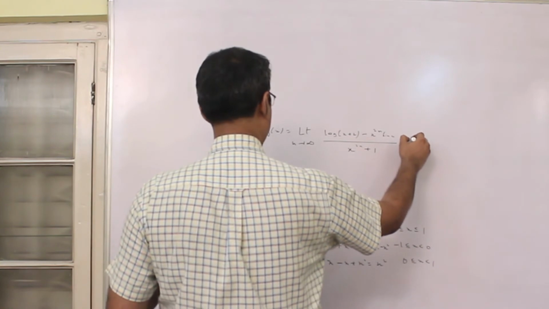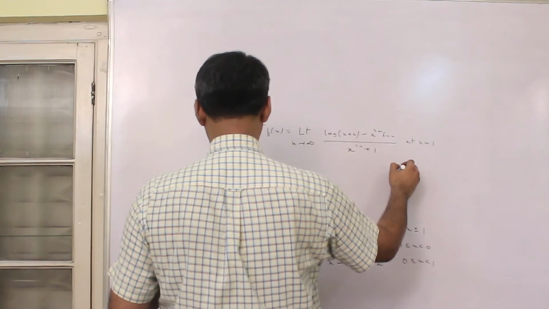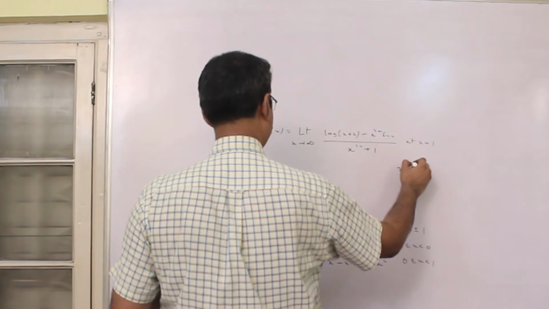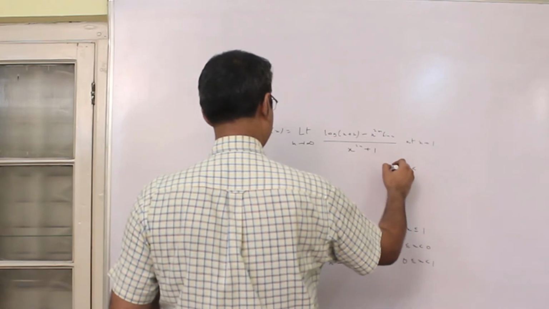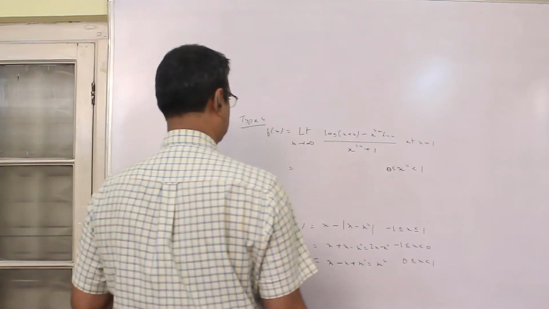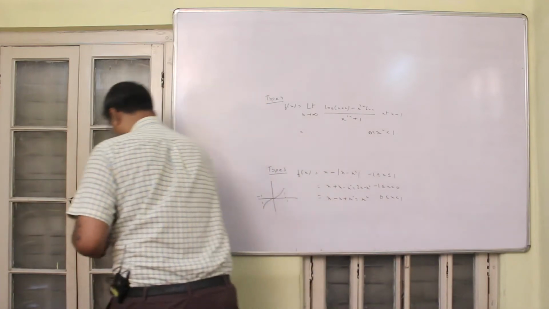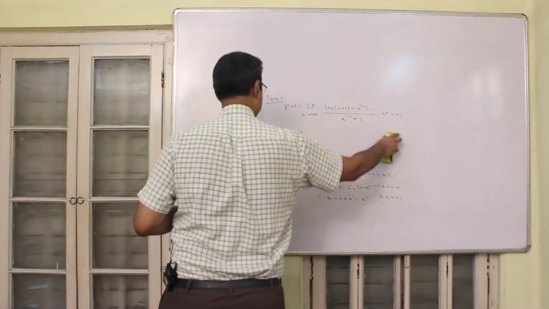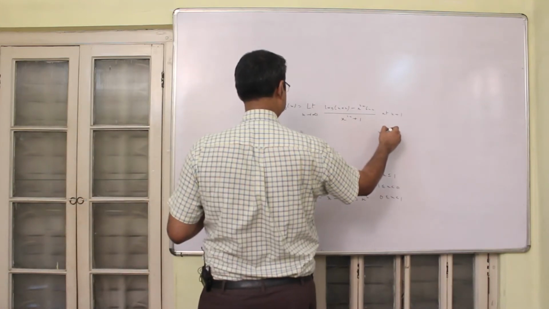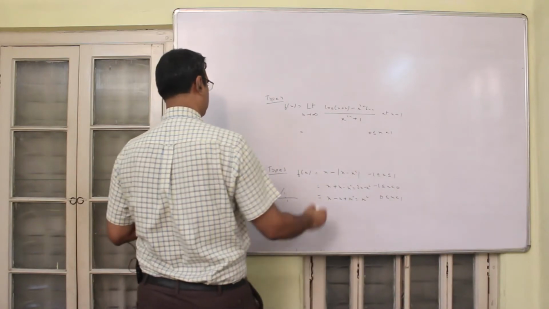Incidentally, you have to examine the continuity at x equal to 1. So you split it into intervals. First is that suppose x is between 0 and 1.